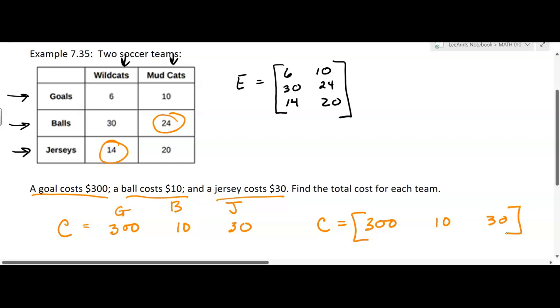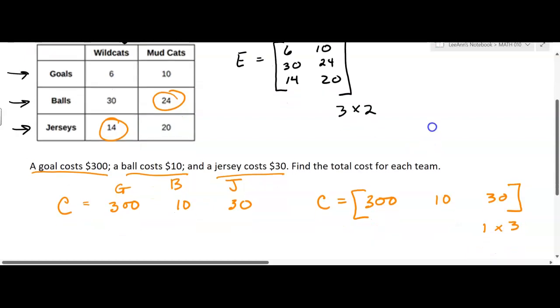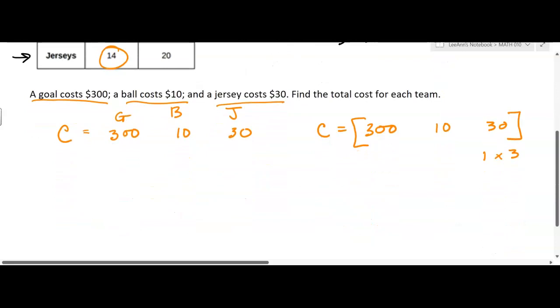My equipment matrix is 3 rows by 2 columns, and my cost matrix is 1 row by 3 columns. Now, you might ask, how do I know that I want it to be 3 columns like that? You can think about what we're going to do in a minute, but that might be tricky to just tell.